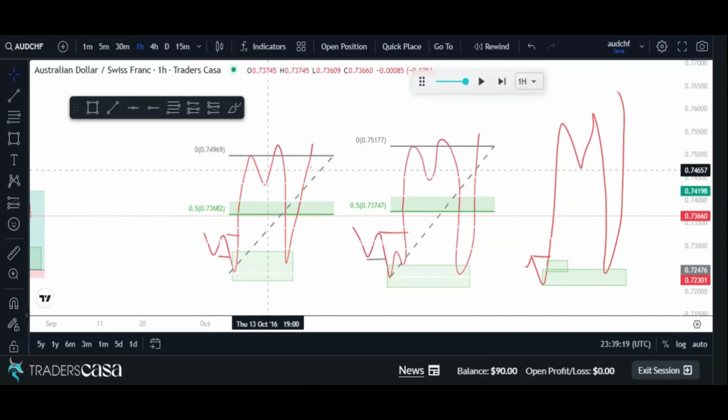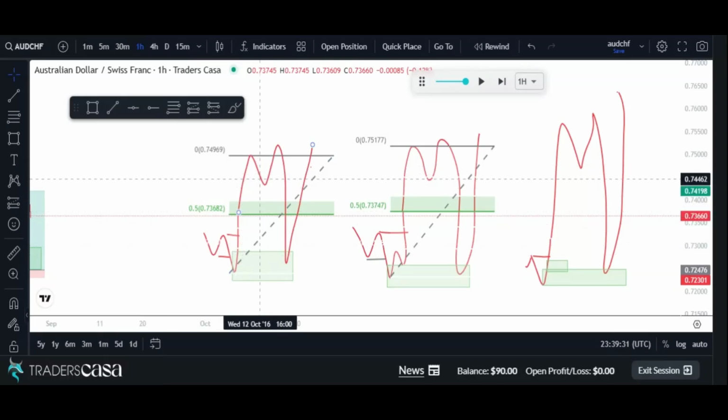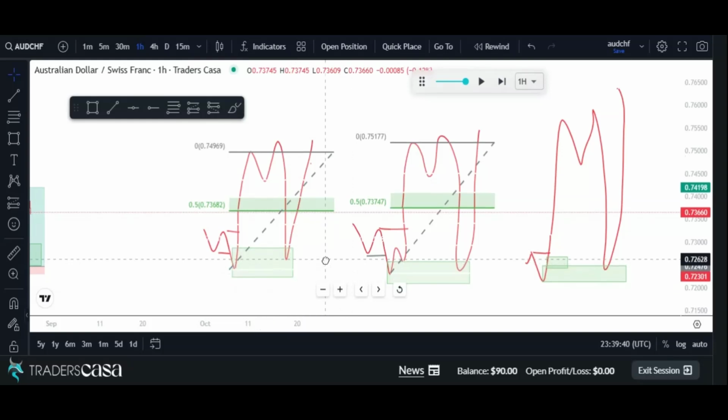This inducement should not be inside 50% here. Even if all those are fair value gaps, and also here is a fair value gap, price will always react from this main low, from the order block of this main low.